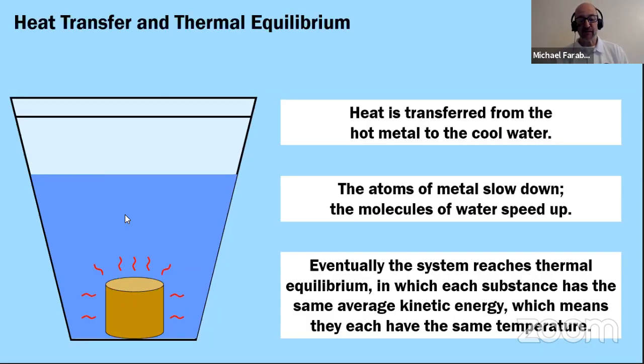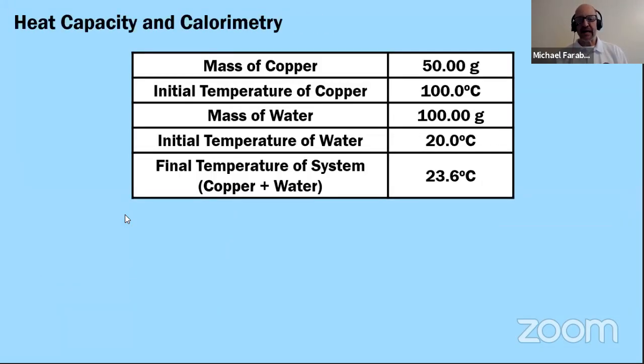That experiment of transferring a hot piece of metal to a cooler cup of water is a rather classic thermochemistry experiment. You might have actually done this in your chemistry class, or you might have seen a demonstration about this. Here I have a data table with information: the copper weighs 50 grams.